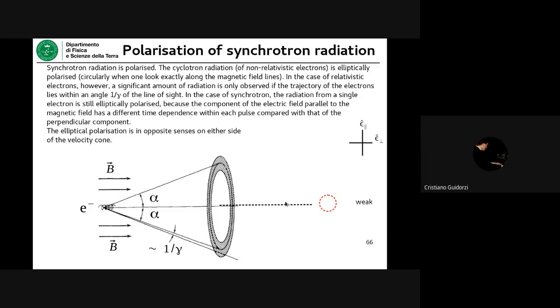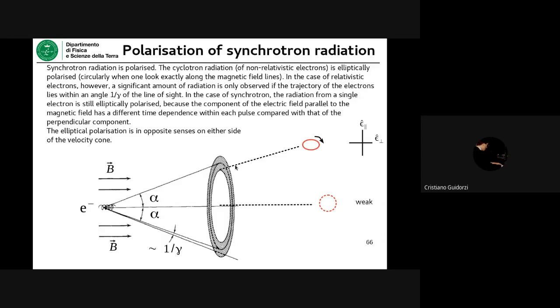So in principle you will receive some radiation and see some circular polarization, but the amount is very weak. You're not going to get a significant amount of radiation if you look at this particular electron along this line of sight. So you have to look here.